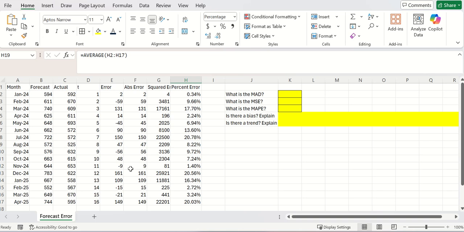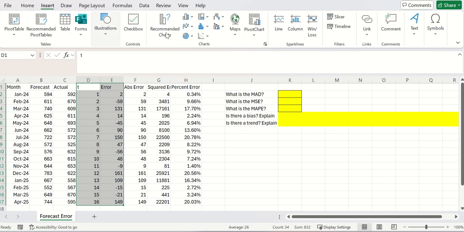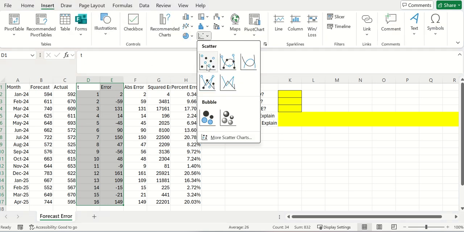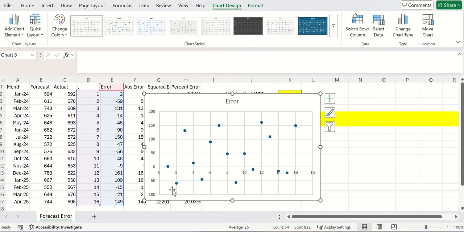Next thing that I want to talk about is the bias. On bias, what I'm thinking about is, is there something going on here? Do I oftentimes over forecast or do I oftentimes under forecast? If I highlight the time and the error here and I go to insert a scatter chart, we can see that here is 0.